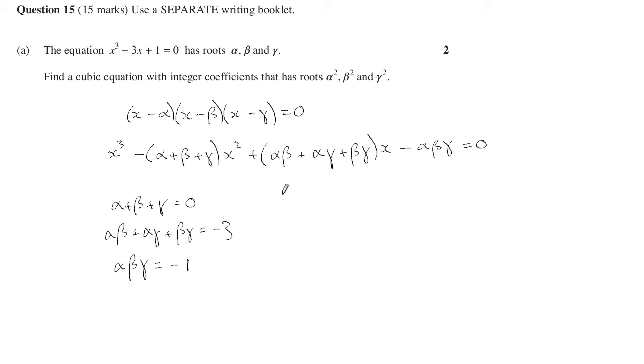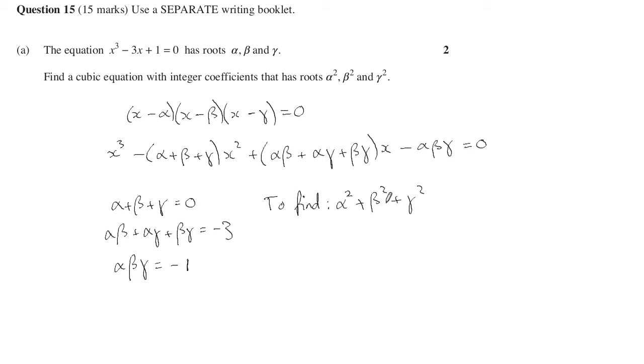All right, and let's get a clear picture of where we want to go with this. If we're trying to find a cubic equation with these roots, it means we want to find the coefficients of it, which are going to be alpha squared plus beta squared plus gamma squared, like our new equivalent of this one. So this is what we want to find.